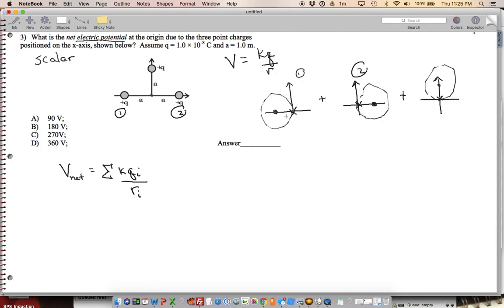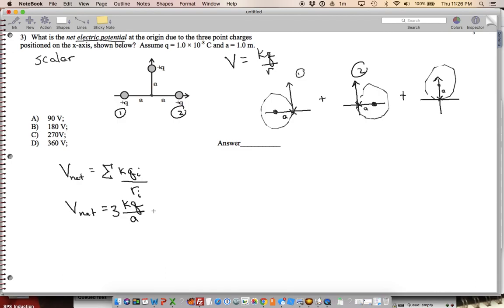Now, the great thing is each of these is a away, and each of these is the same Q value, plus Q, plus Q, plus Q. So V net then is just equal to KQ over R, or KQ over a, and I can multiply it times 3 because they're all the same.